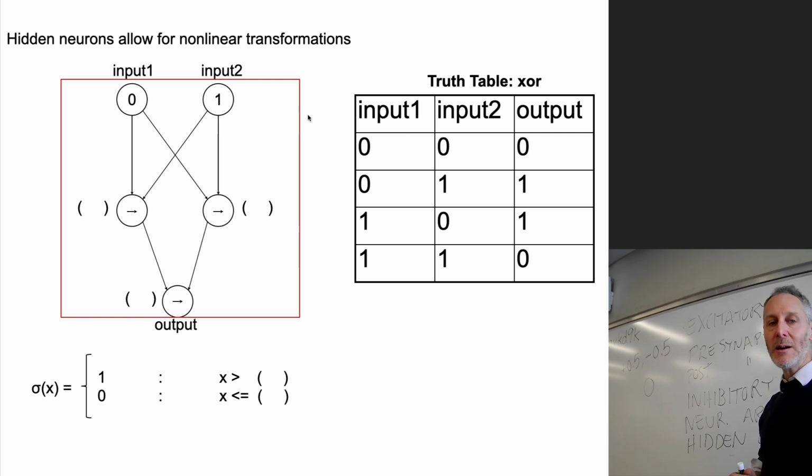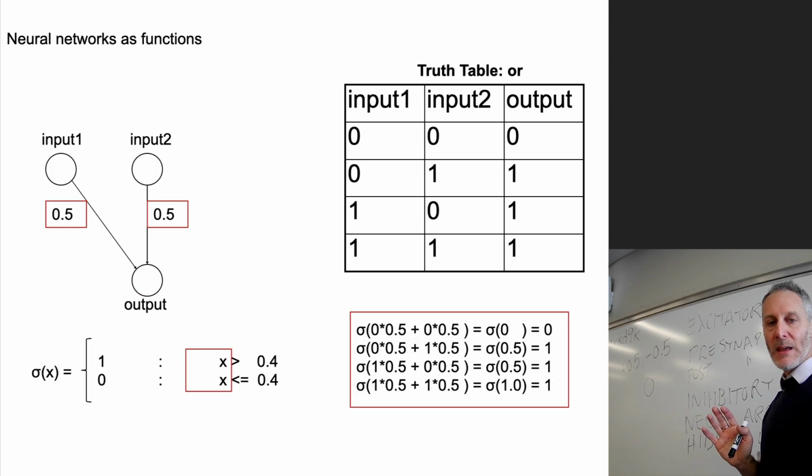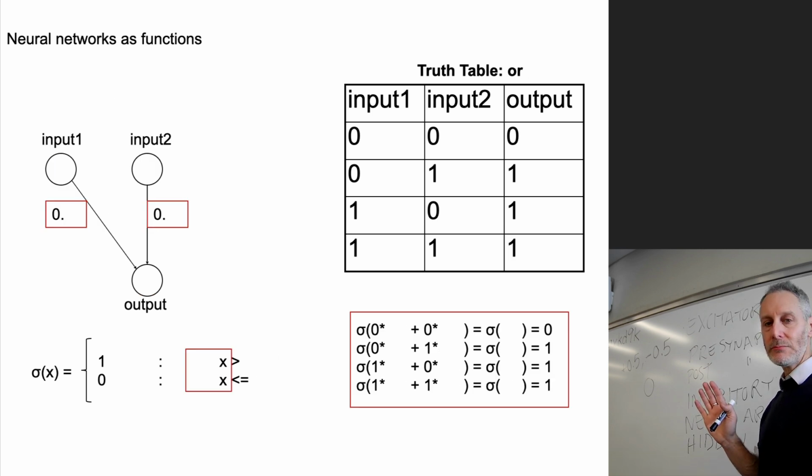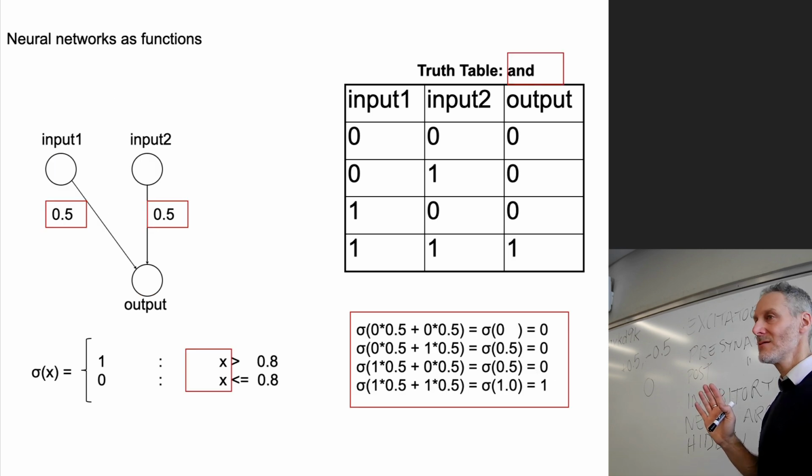Every time we plug in a pair of inputs to the input layer, the values that show up at the two hidden neurons are going to be the result of OR and AND. We'll see how to do that in a moment. Here's OR. Here's AND.